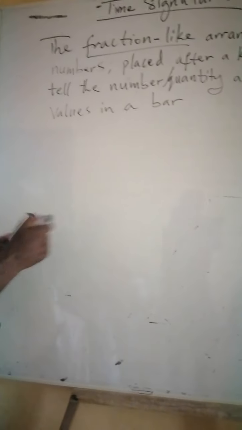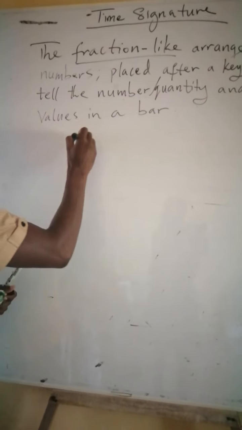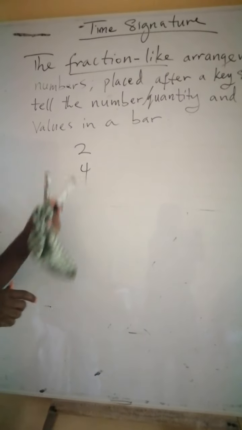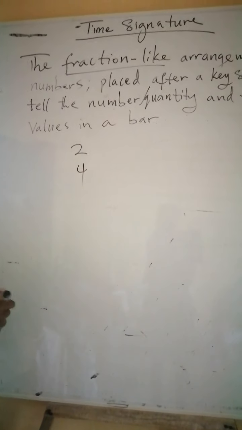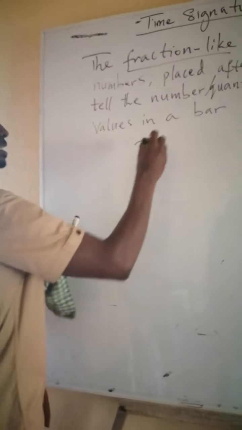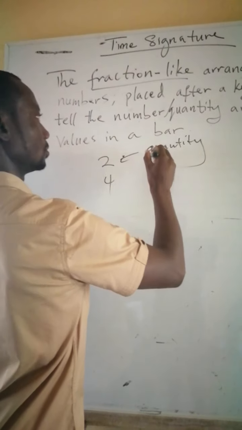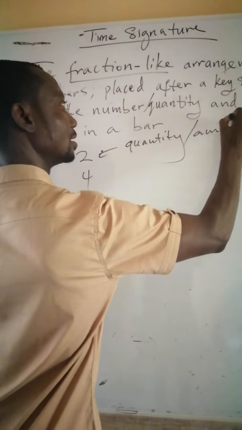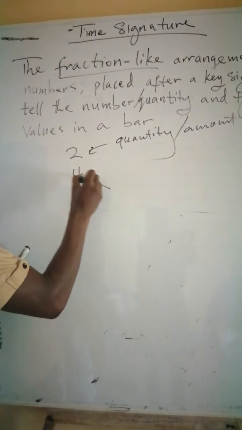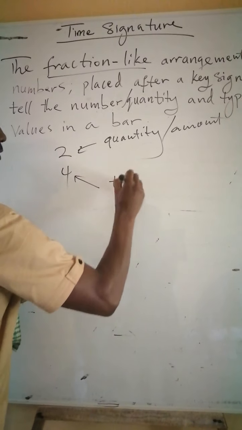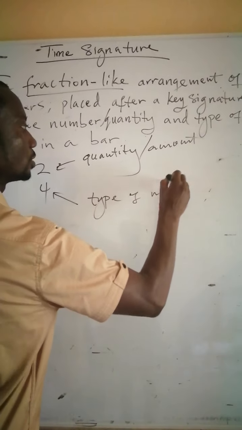So if we have an arrangement like 2, 4, the top number always gives us the quantity, or we say the amount, and the lower one always gives us the type of note.